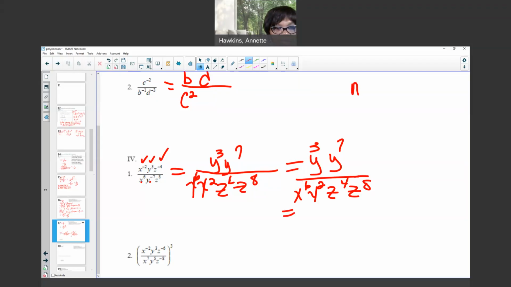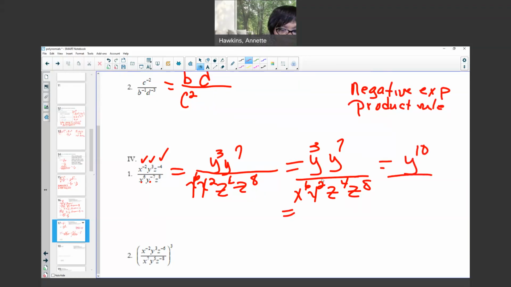So you got your negative exponents. Now you have to use the product rule. So this is y to the 10th, x to the 8th, z to the 12th. Now, after you use the product rule, then you want to use your quotient rule.